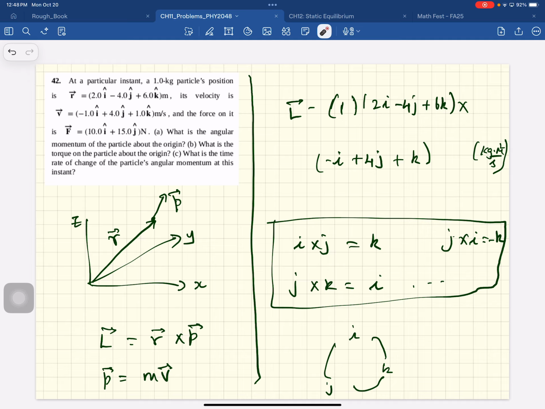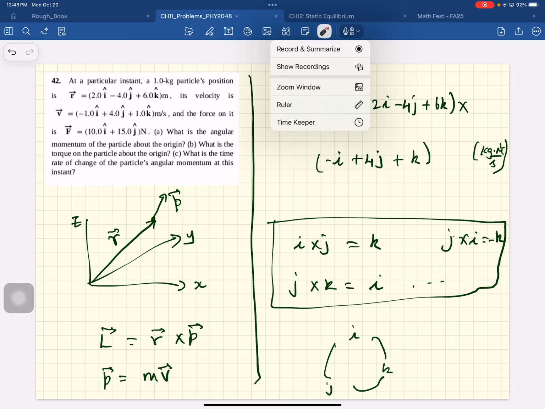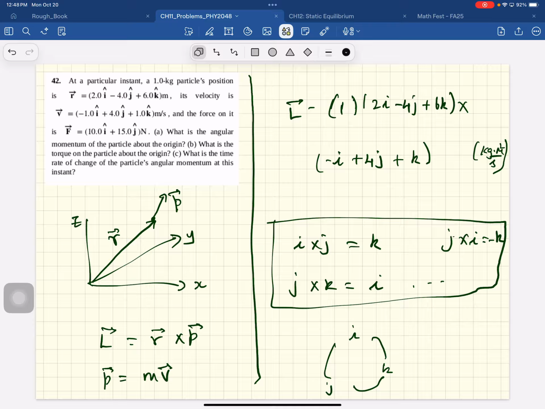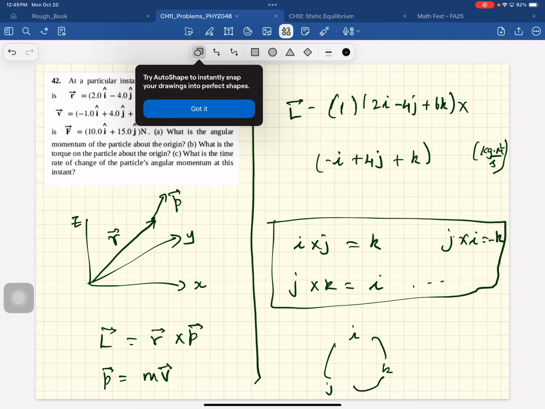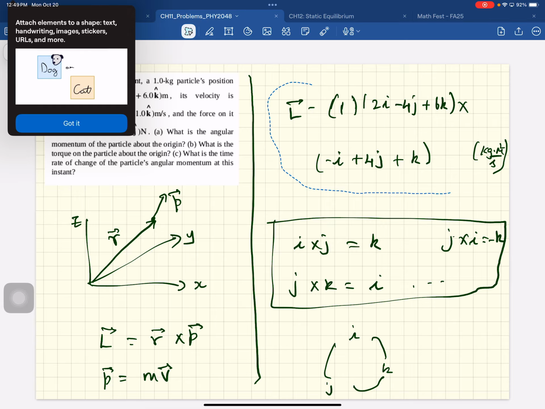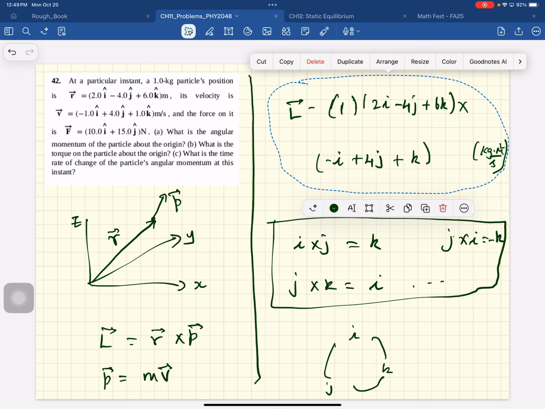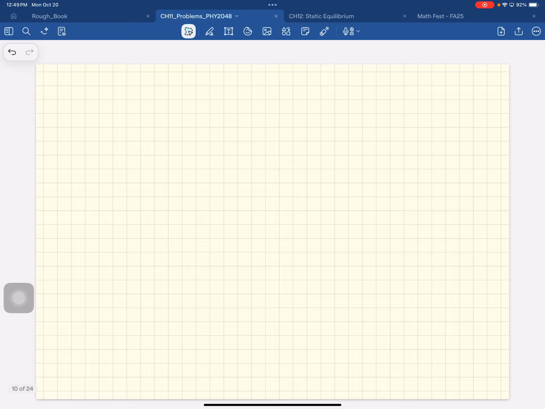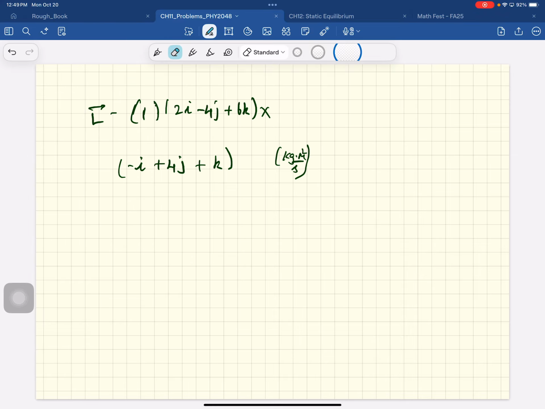All right, so let's do this cross product. i cross i is 0. i cross j is k, so 2 times 4 is 8.